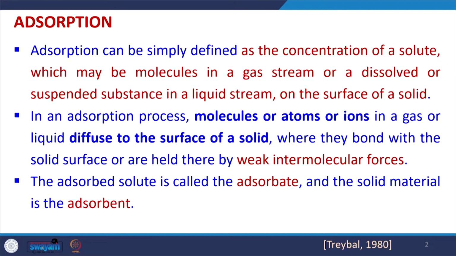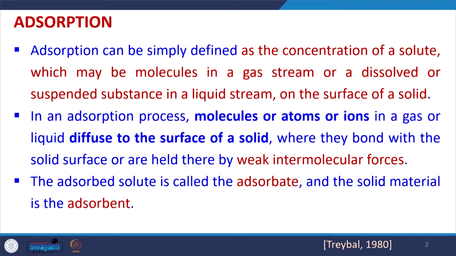The solute or the molecule or ion which gets actually separated out is called the adsorbate, and the solid material which is used for separating this is called the adsorbent. So, selection of adsorbent depends upon the adsorbate which has to be separated out.